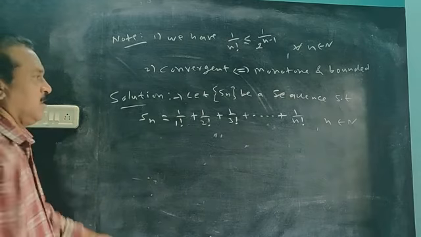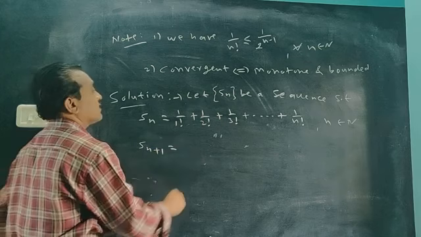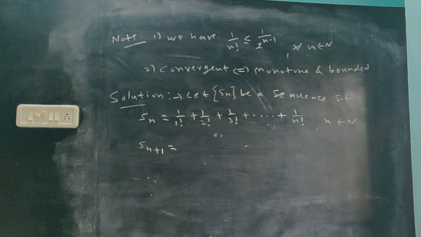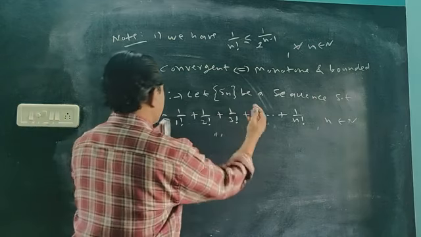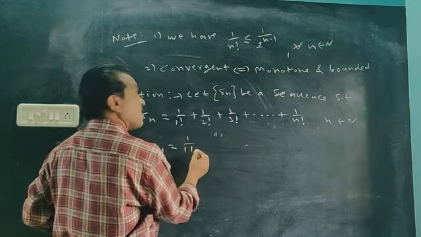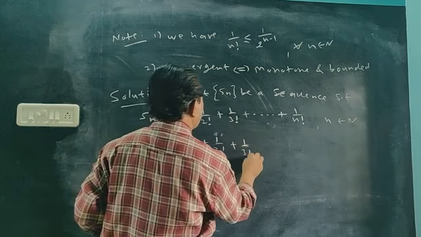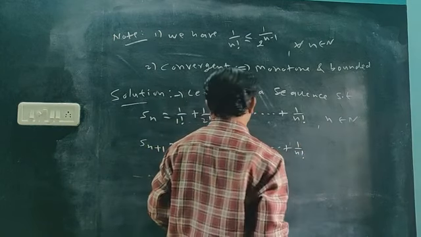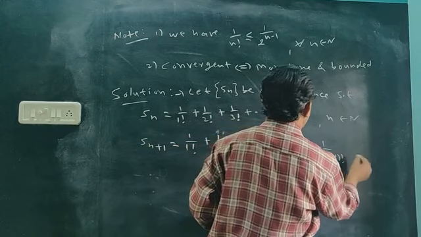I want the n plus 1 term also, to check increasing or decreasing. So the n plus 1 term has one more extra term, 1 upon n plus 1 factorial.